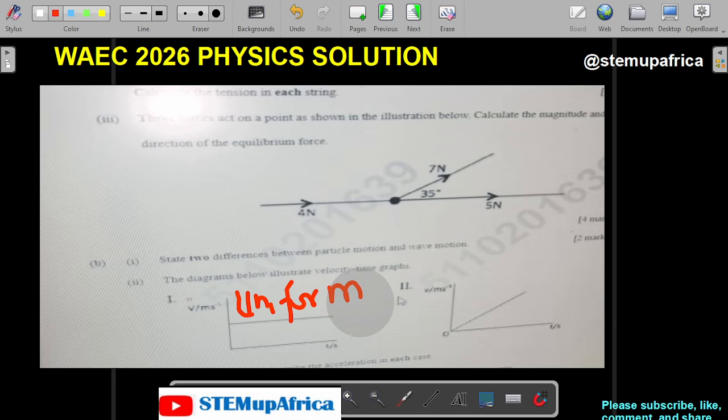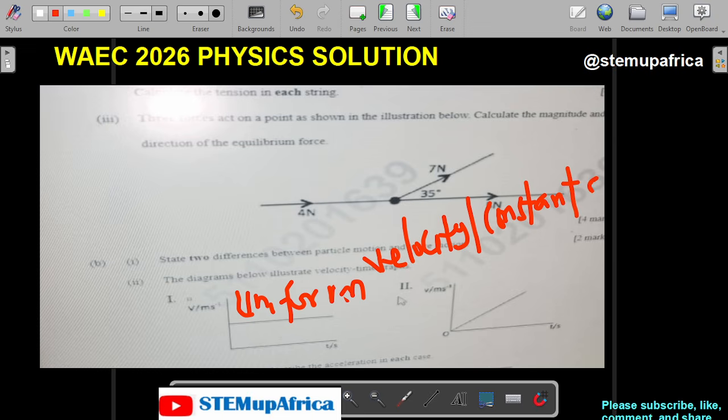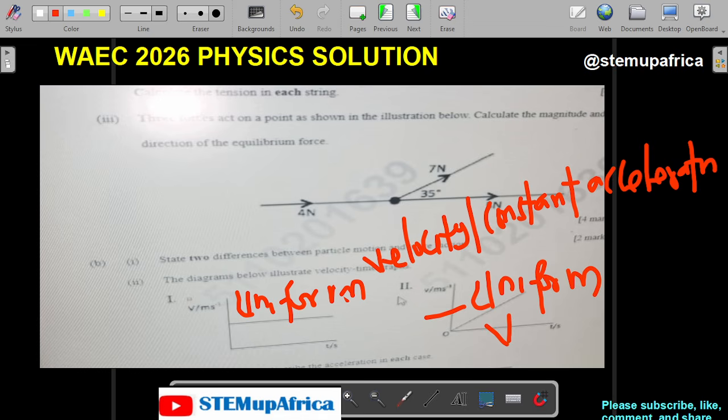The first one is uniform velocity, or constant acceleration. That is the first diagram. The second one is uniform acceleration, I mean to say.